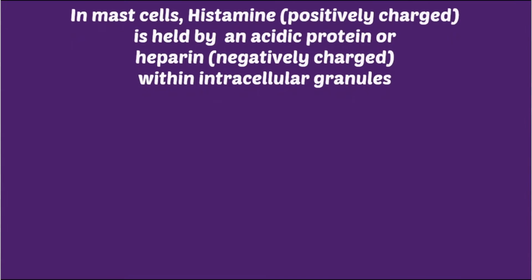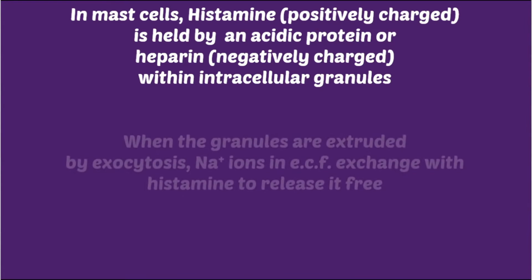Moving on, in the mast cell, histamine, which is positively charged, is held by acidic protein or heparin. Now this acidic protein or heparin is negatively charged. So the meaning is that positively charged histamine is held by negatively charged protein or heparin within intracellular granules.